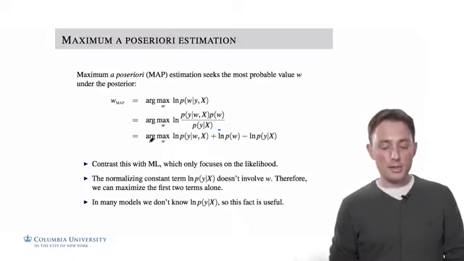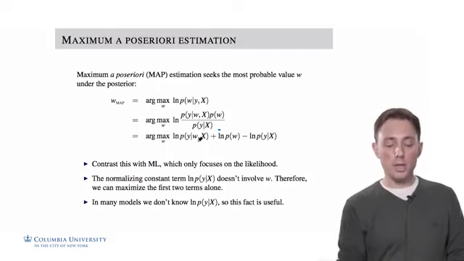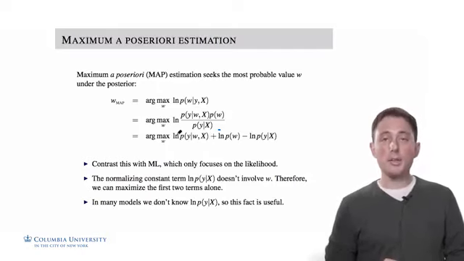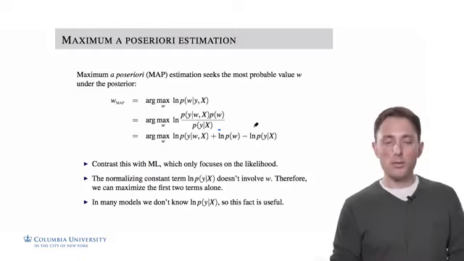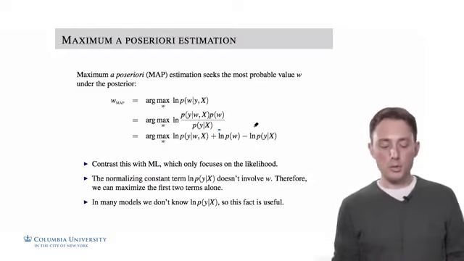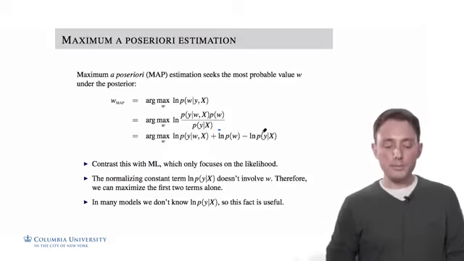Let's contrast this with maximum likelihood, which simply tries to find the value of the vector w that maximizes the log of this likelihood. Now we've added two terms. We've added the log of the prior, and we've added this additional term, which we observe doesn't actually involve w. So no matter what this value is, changing w is not going to change it.